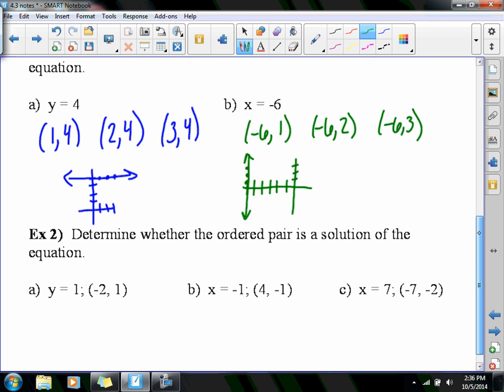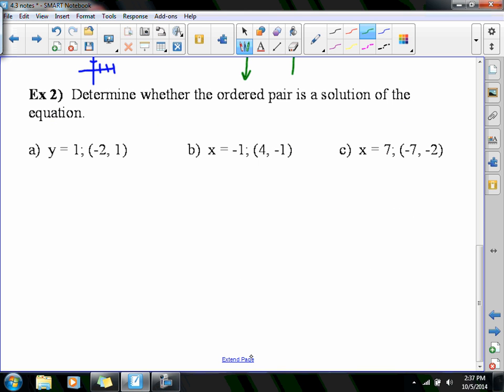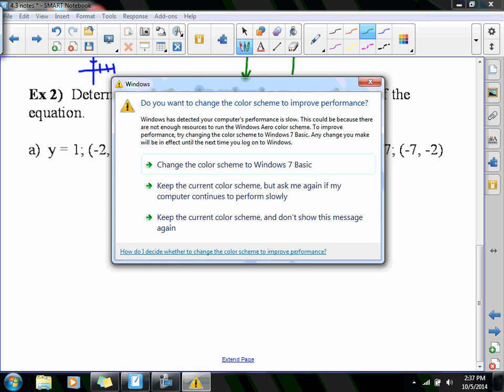So that problem is just meant to get you thinking about what it means to be a solution to a horizontal and vertical line. For any horizontal line, the y values in the ordered pairs are all going to be the same. And for any vertical line, the x values in those ordered pairs are all going to be the same. Okay, now example 2 says to determine whether or not the ordered pair is a solution.